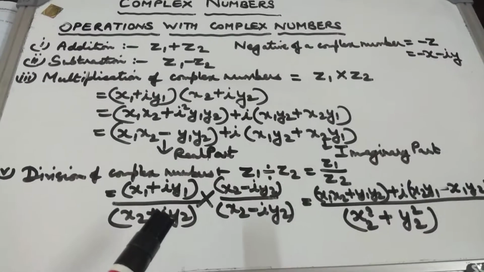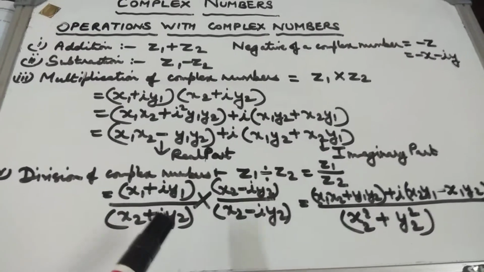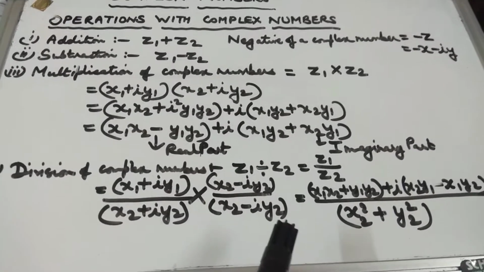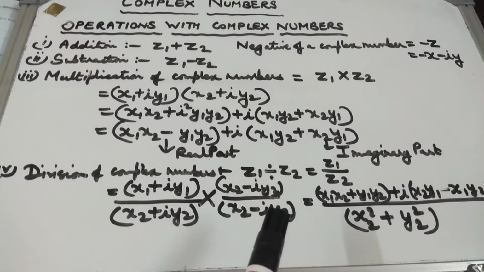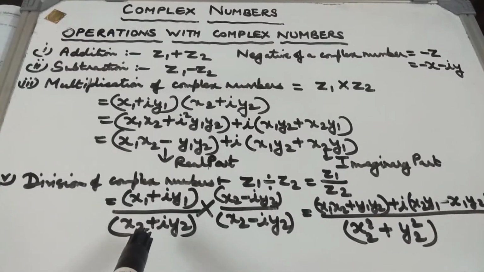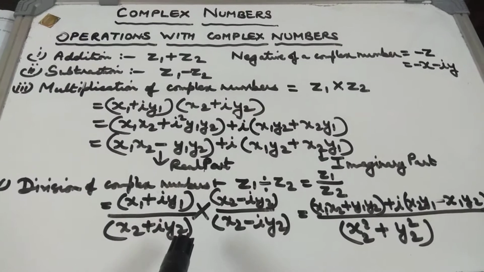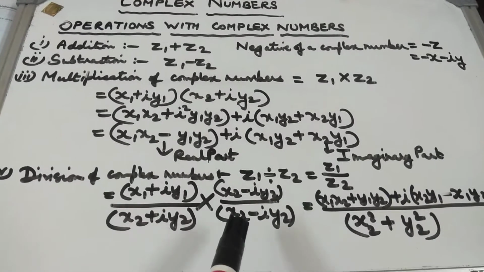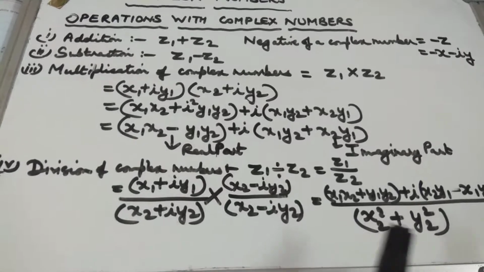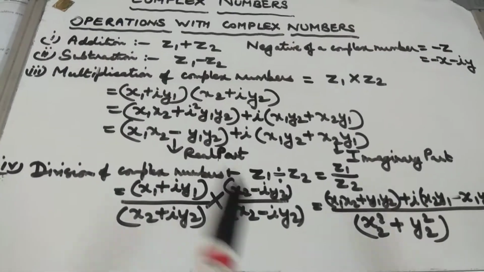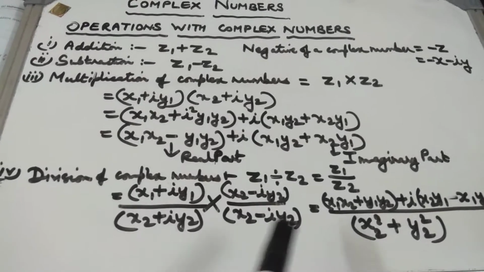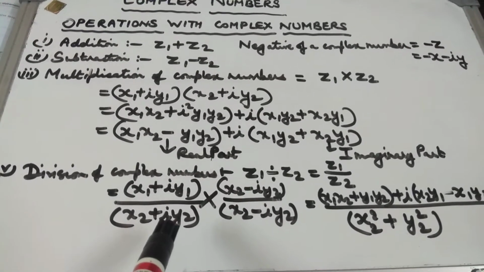But since we don't want i in the denominator, we'll have to multiply by the conjugate. I'm using this word conjugate only to use your algebra formula a plus b into a minus b, so that a square minus b square will come in the picture and i will be removed. So x2 minus iy2 will be the conjugate of the denominator.